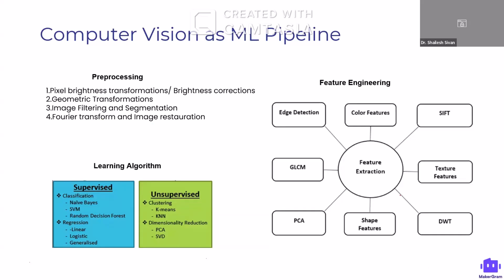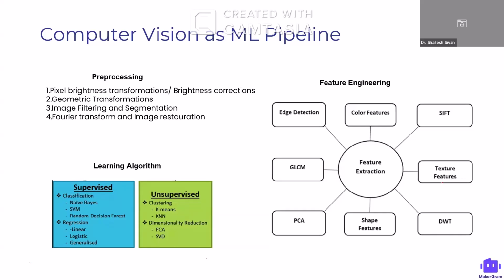Then, based on the problem, from the image we can extract color features, edge features, texture based features, shape based features, wavelet features, and different other texture based features.